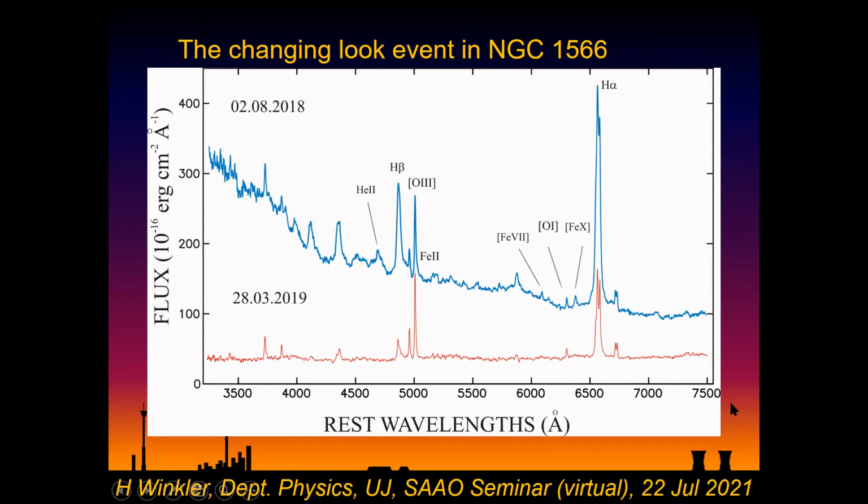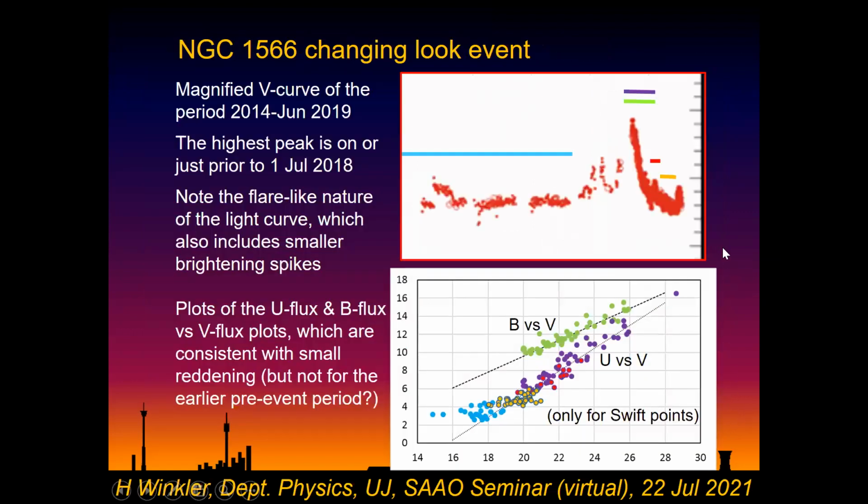And we tracked it after that. We watched it go down. What I did look at is to see if there's anything that we can get from this particular light curve. And so I did try and plot the fluxes in B versus V and U versus V. Interestingly enough, there was a little bit of a difference between what was happening near the peak and what was happening at other phases, right?